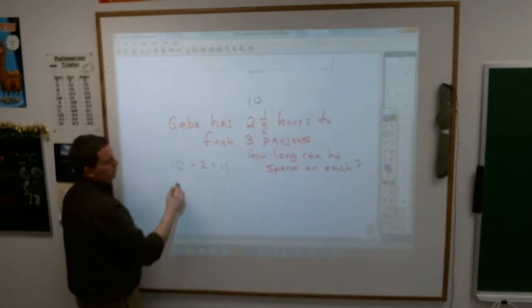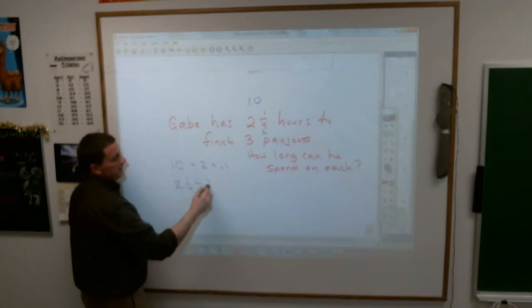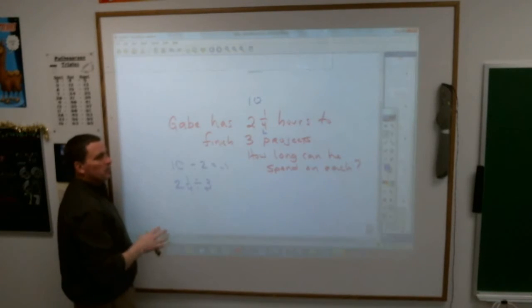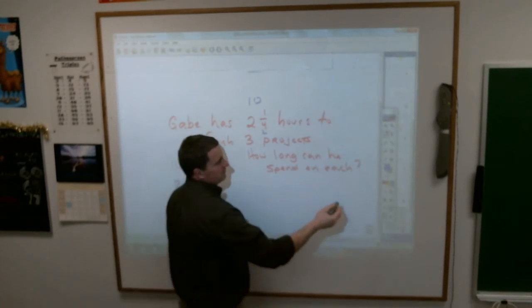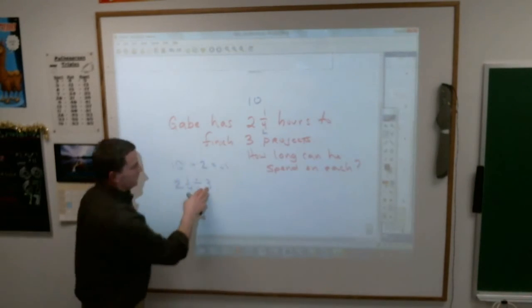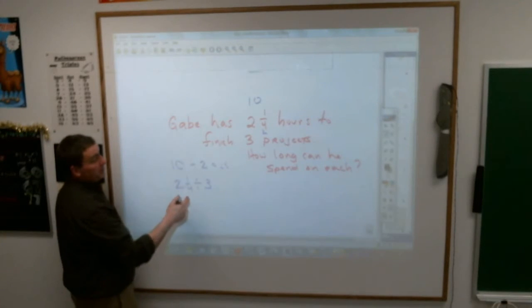They were 2 1/4 divided by 3. So now I know what part of the numbers go where, I can do the problem. And the same thing, don't worry about it, even if this is a mixed number, it doesn't matter, because you're going to make them improper.